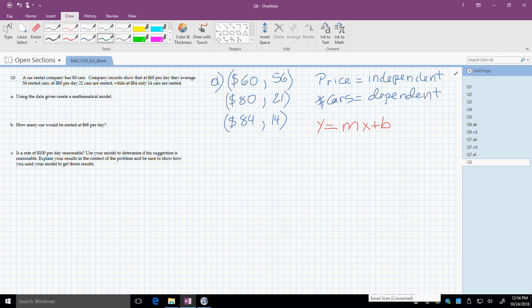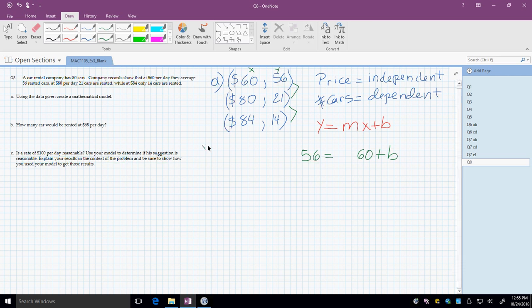So if we have this formula and we substitute the numbers, I'm going to use the first data point just because the numbers are smaller. Substitute y by 56 and x by 60. I don't have the slope. So to figure out the slope, it's going to be the difference between the points that are given.